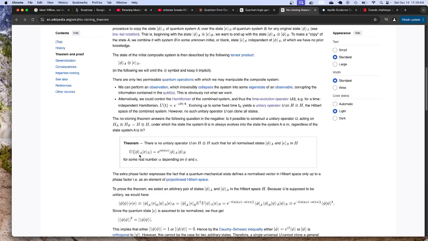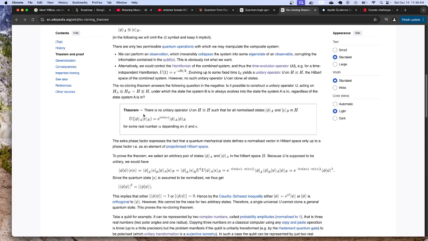So this was the initial state for A and the initial state for B. There's no unitary operator U such that for all normalized states equals... This is the state of B evolving over time, create A and B. Okay. I don't understand it, but I think I understand what I don't know here.